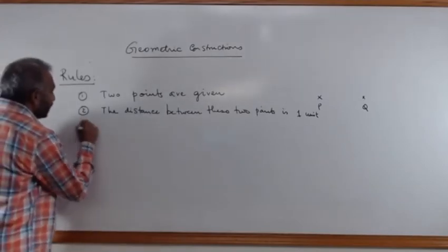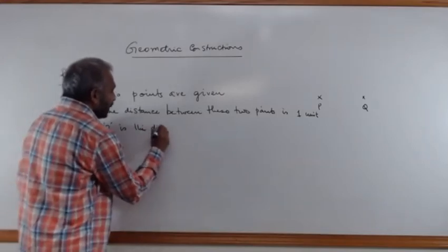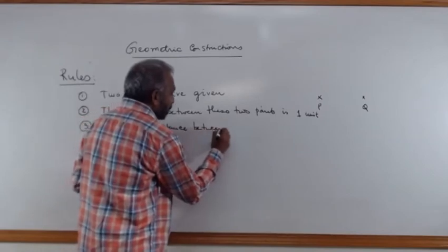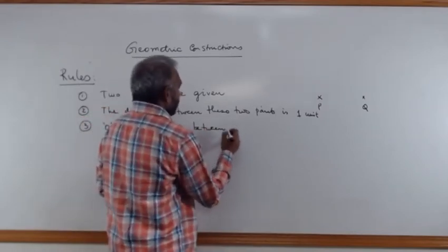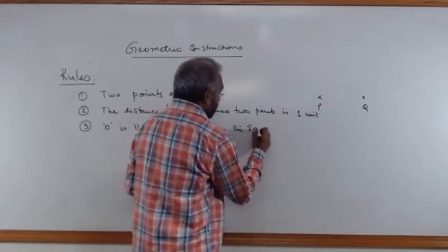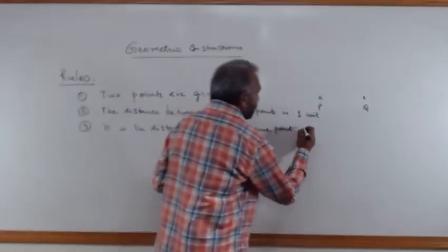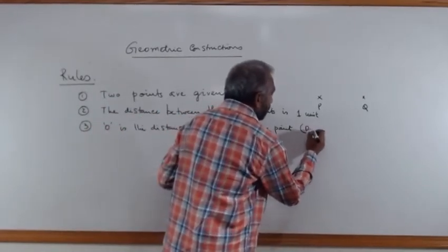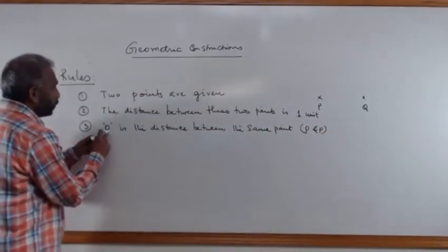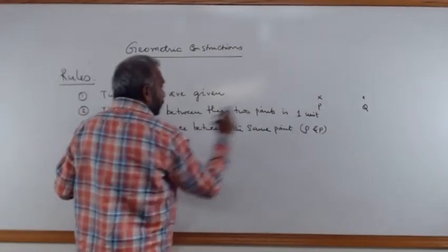And the third one is 0 is the distance between the same points. Same point. That means the distance between P and P, or Q and Q. So these are the first two elements that are going to come into our field.